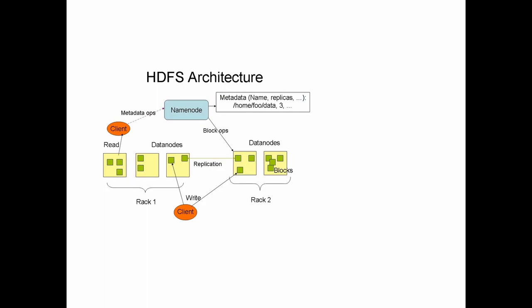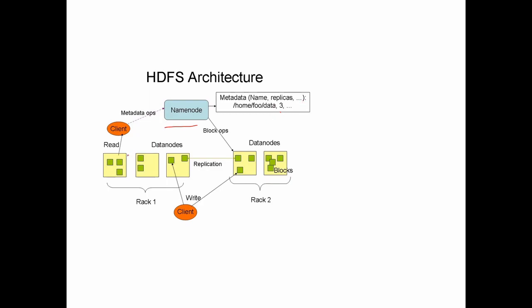This picture gives an idea of how HDFS operates. HDFS has this central name node. The name node has the metadata, so it will typically have the name of the file, the number of replicas, and a list of blocks where these files are stored and the location of those blocks.